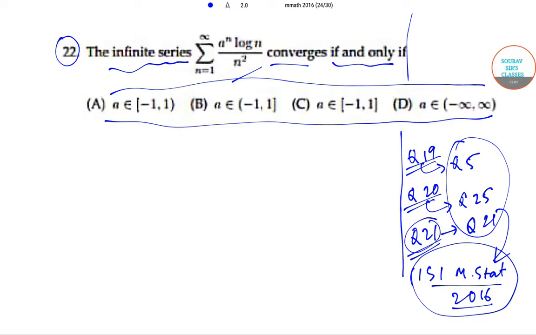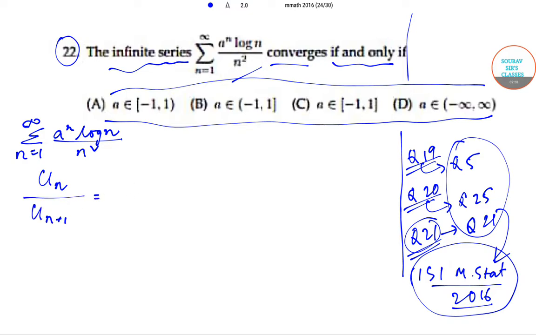These are the options that we are looking at here. So the series that we have been given is summation of a to the power n log of n upon n square, where n goes from 1 to infinity. We'll use the ratio test over here. For the ratio test, we'll find the ratio of u n by u n plus 1.